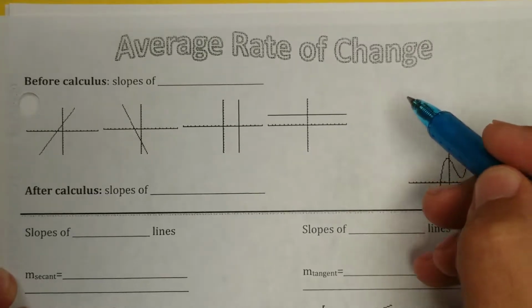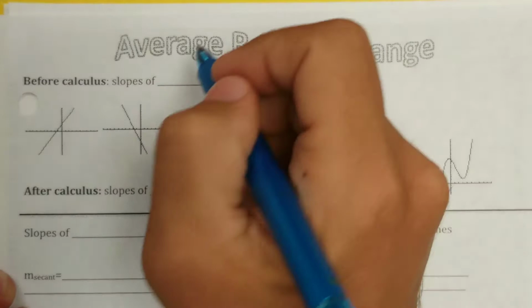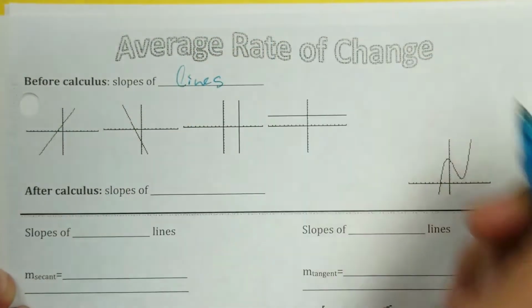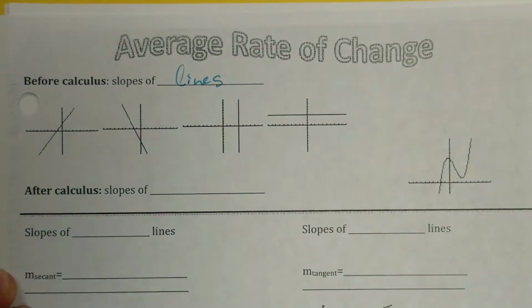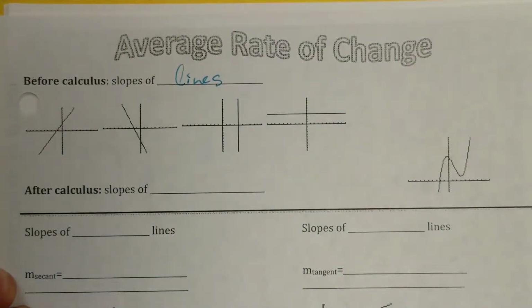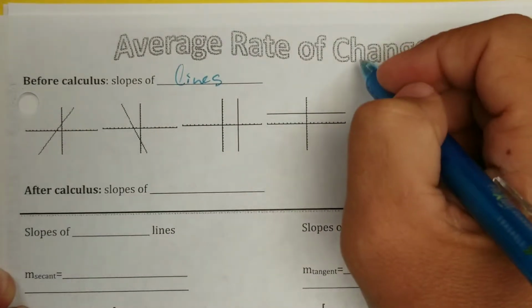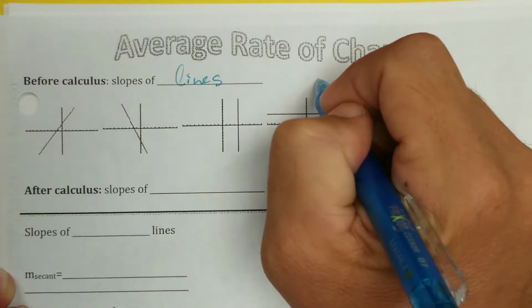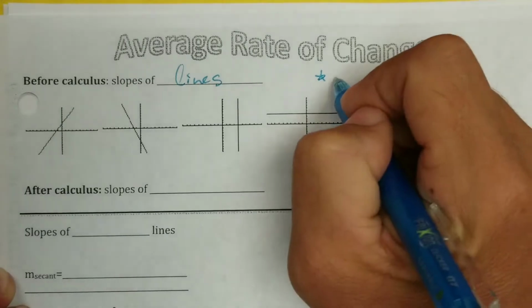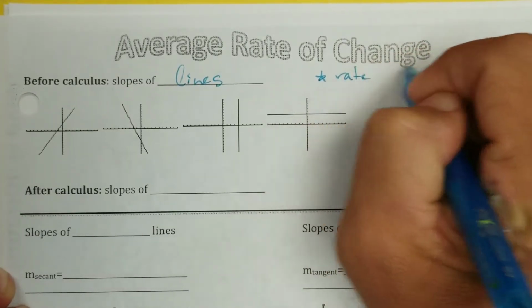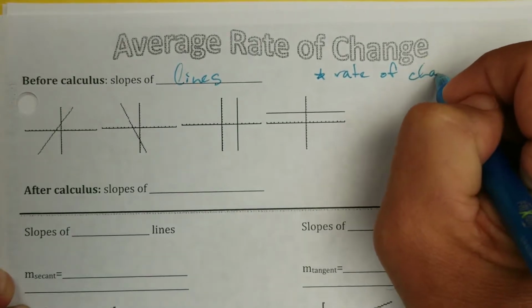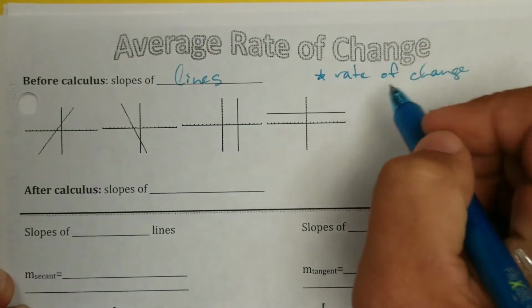So before calculus, we've always found slopes of lines. One thing you need to know about the slope of a line, and I'll just refer to it as rate of change, is that the rate of change when we're talking about a linear is always constant.